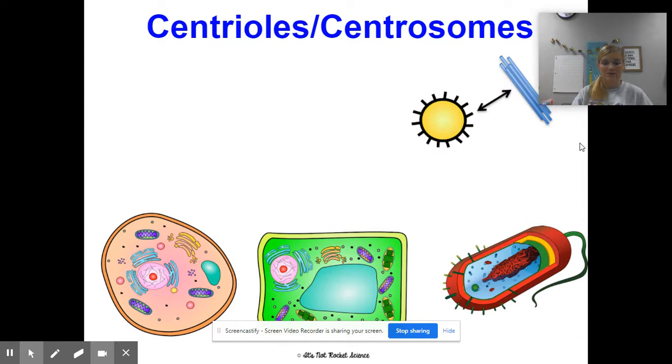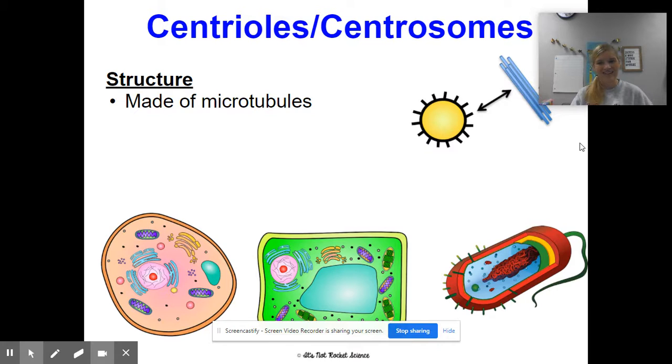So our centrioles and centrosomes look just like a sun and some long sticks wrapped together. They're made of microtubules, which is essentially, try to think of just a bunch of sticks that are all kind of condensed together, and they will sometimes form a little ball shape, and they show up during cell division.